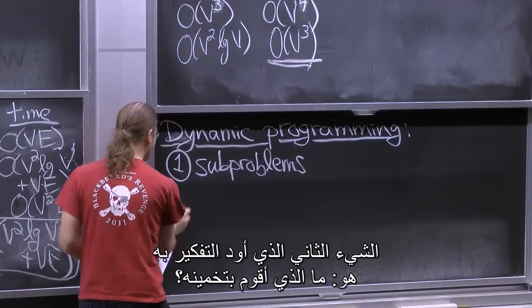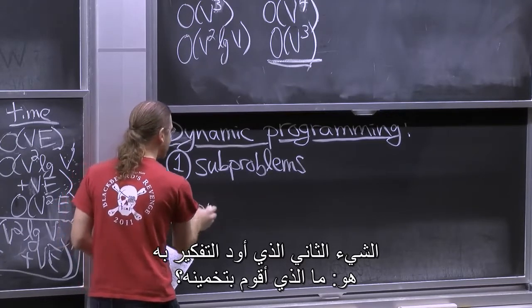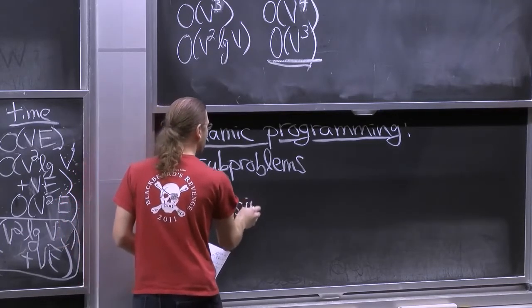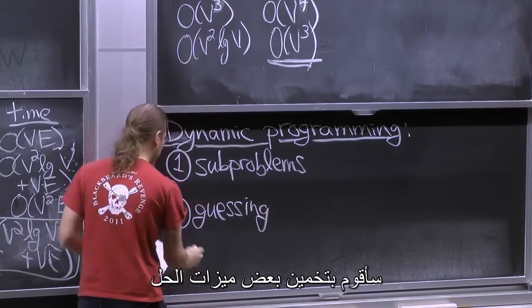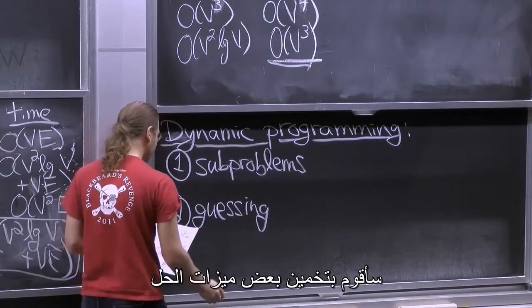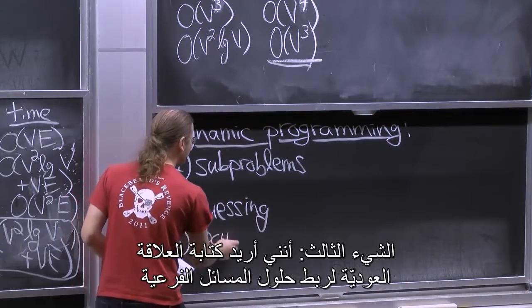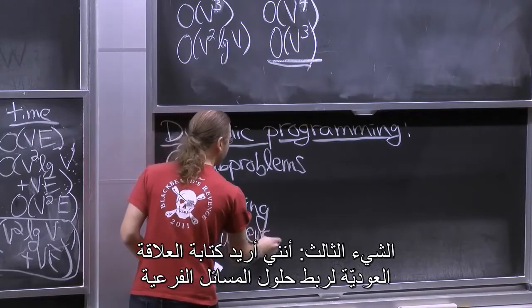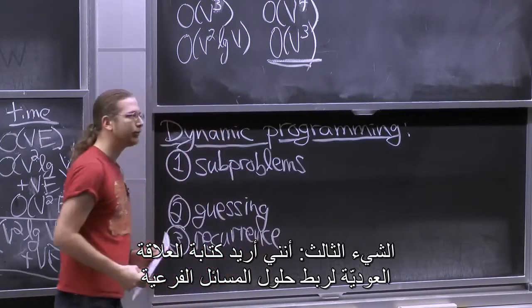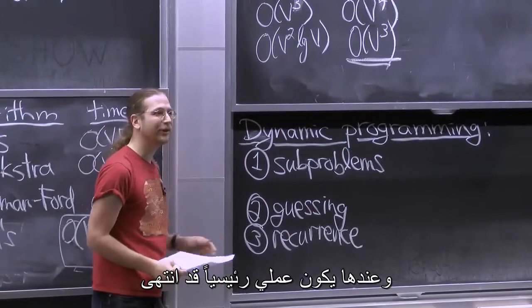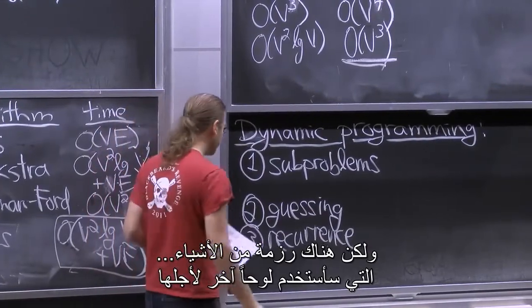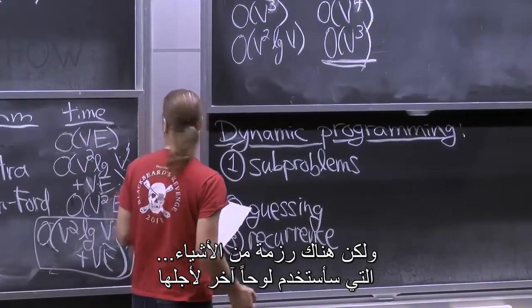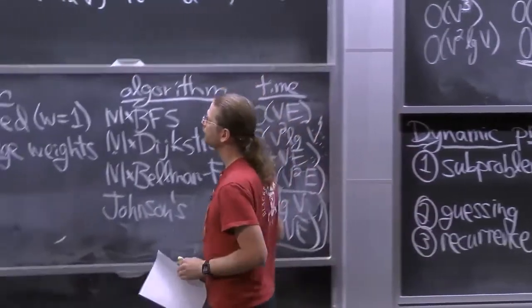The second thing I like to think about is what am I guessing. I'm going to guess some feature of the solution. Third thing is I want to write a recurrence relating subproblem solutions. Then I'm basically done, but there's a couple wrap-up things which I'm going to have to use another board for.